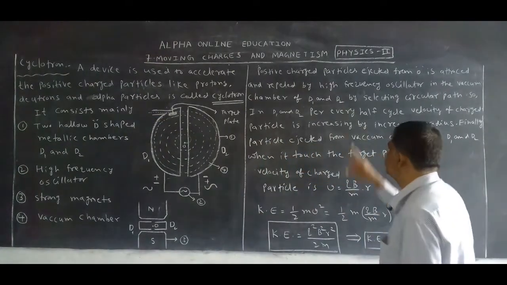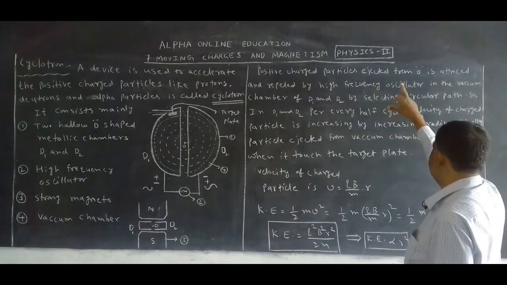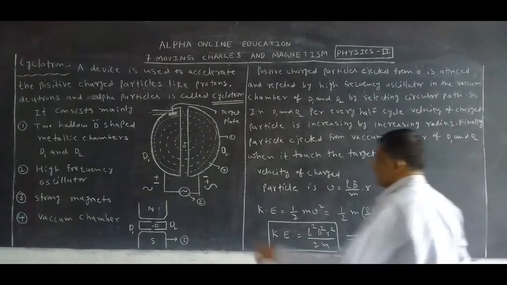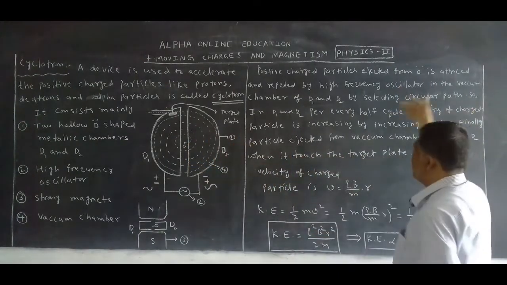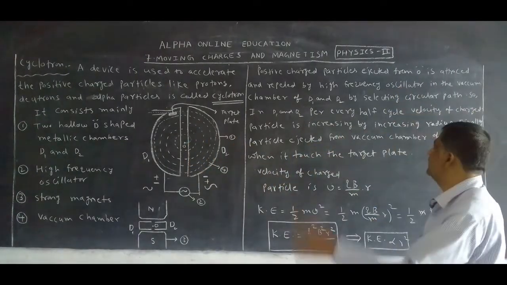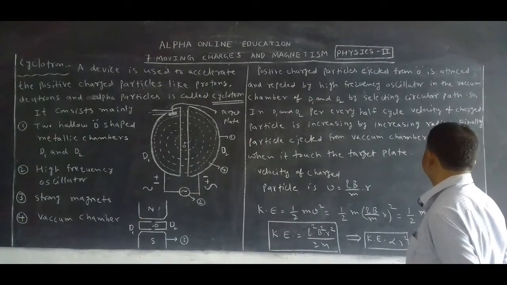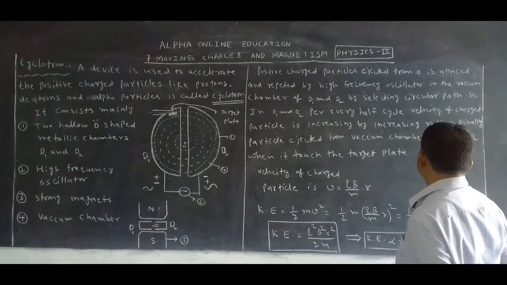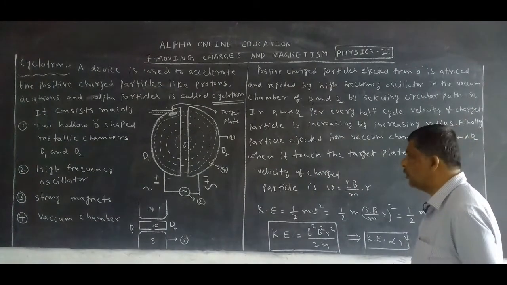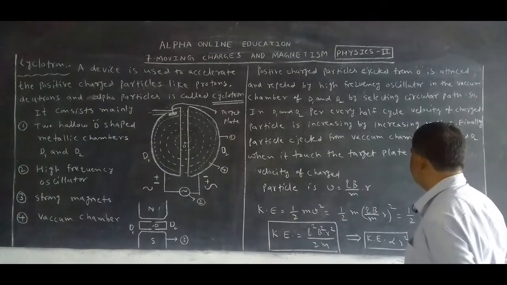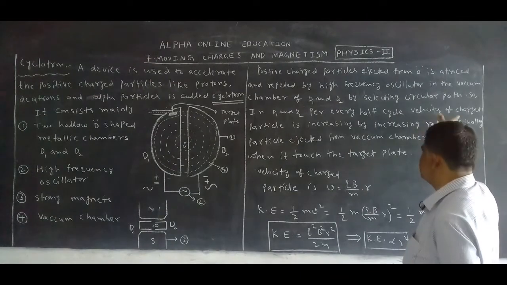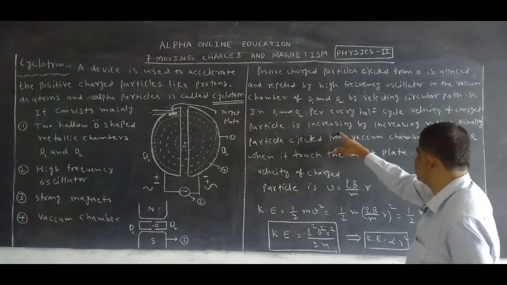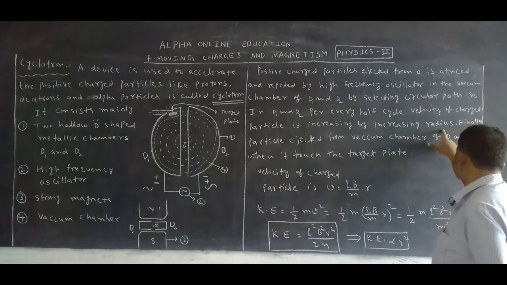Okay, the positive charged particle ejected from O is attracted and repelled by the high frequency oscillator in the vacuum chamber of D1 and D2 by selecting a circular path. So in D1 and D2, per every half cycle, the velocity of the charged particle is increasing by increasing the radius.